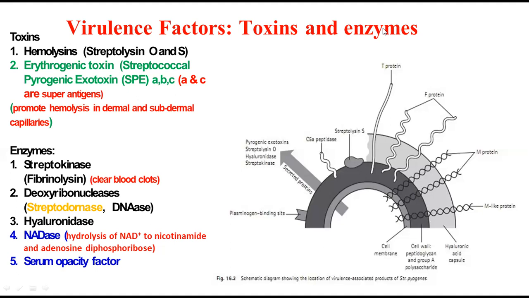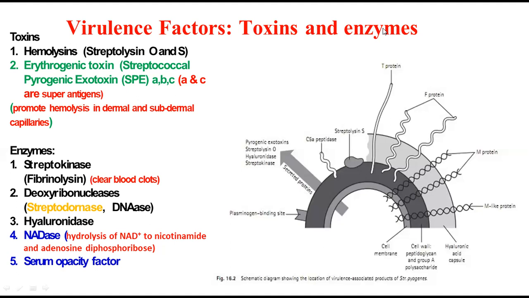There are three types of erythrogenic toxin: A, B, and C, and mainly A and C are superantigens, and we will come to know what superantigens are in a minute or two. They promote hemolysis in the dermal and subdermal capillaries.